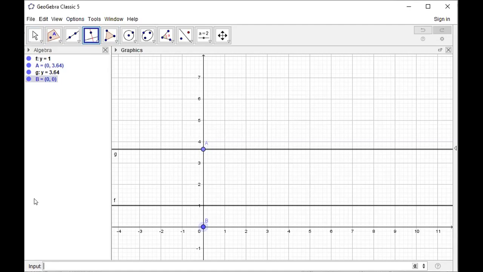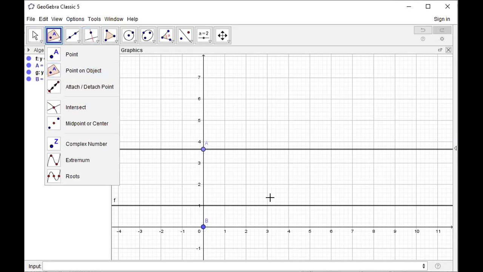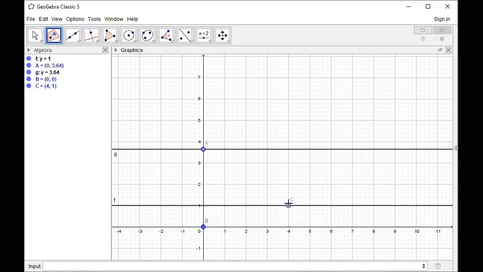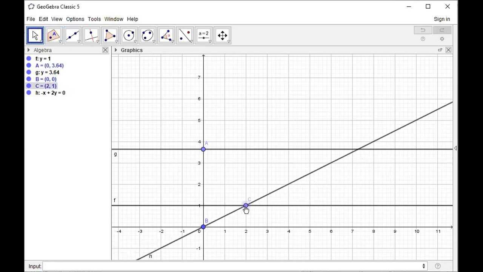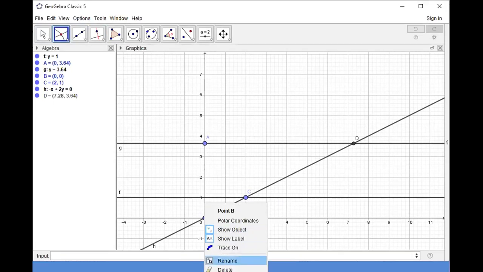Then you pick any point on this number line, join these two, and wherever it intersects, that intersection point is basically the product. Let me rename things a little bit.